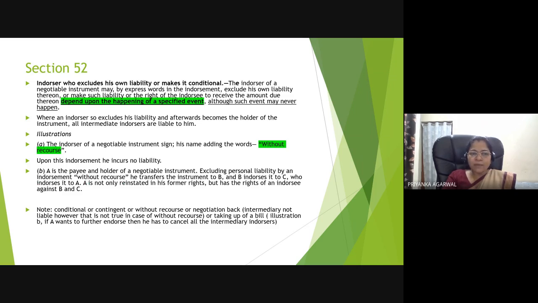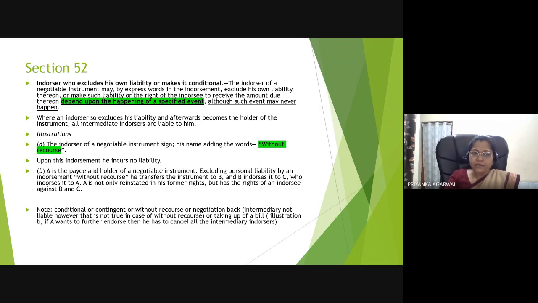Now, negotiation back. What is happening here? A is receiving that instrument, so the instrument is coming back to A. When it comes back to A, that is called taking up of a bill, and A can further endorse it.